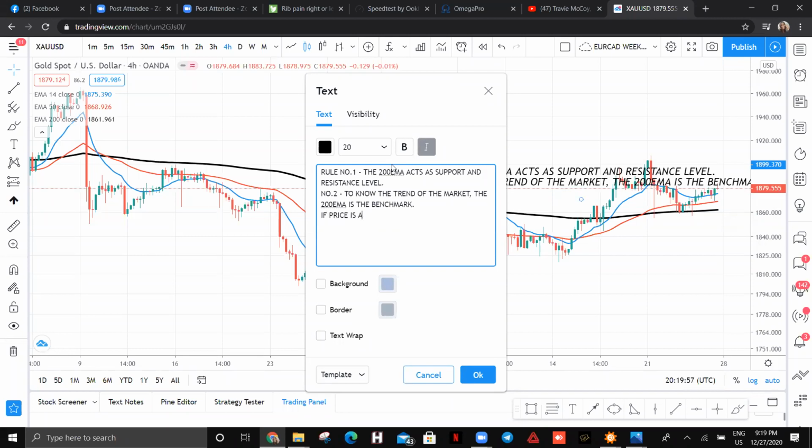If price is above the 200 exponential moving average, we are looking at an uptrend. If price is below the 200 EMA, we are looking at a downtrend.